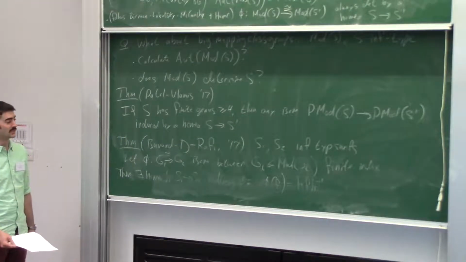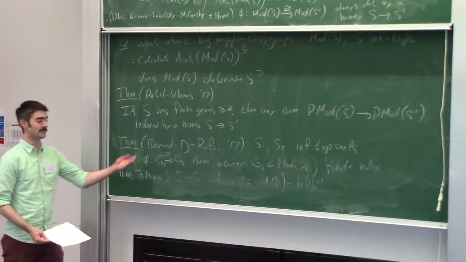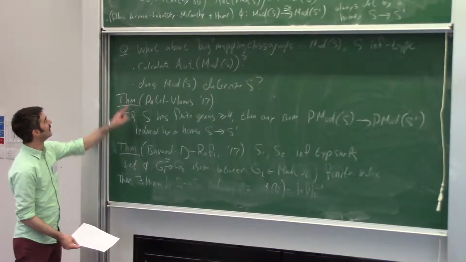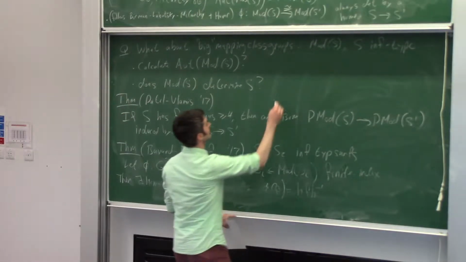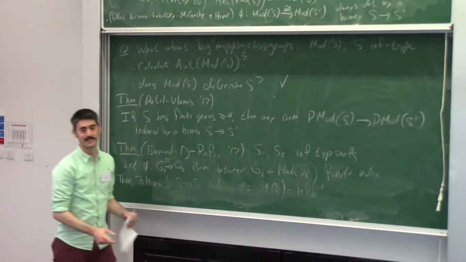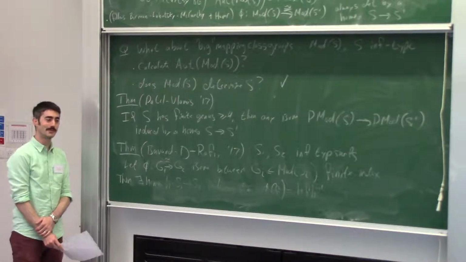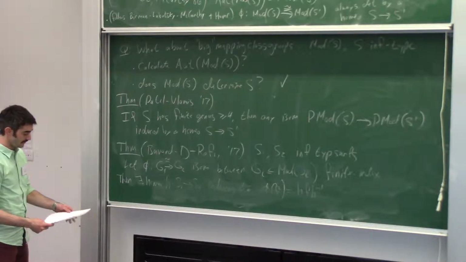Okay? So in particular, the surfaces are homeomorphic. So that answers this question, yes. Because you could take the G's to be a whole mapping class group and stuff. Okay. All right, very good.